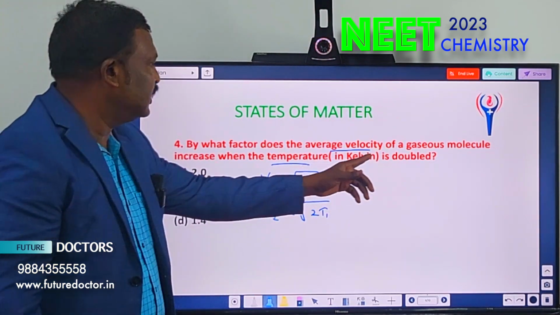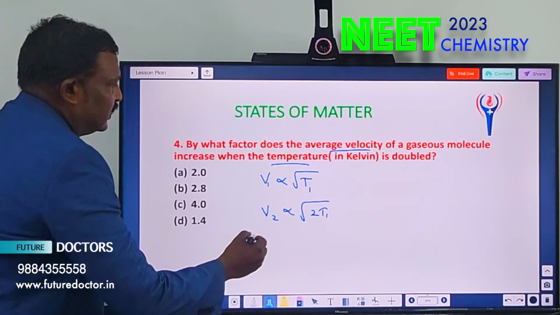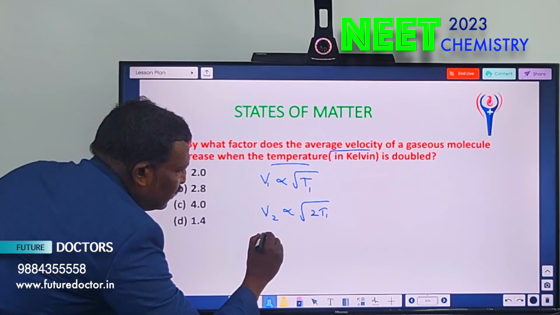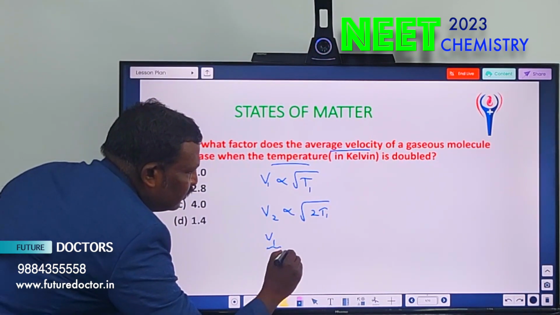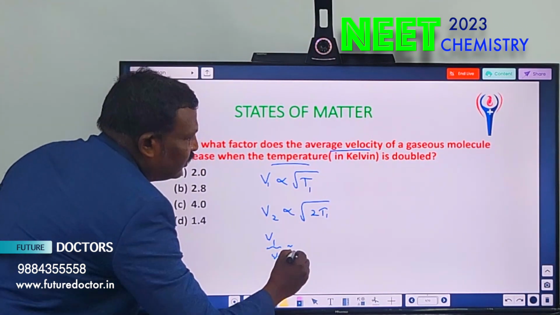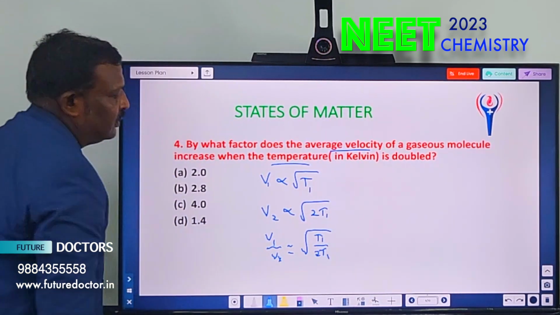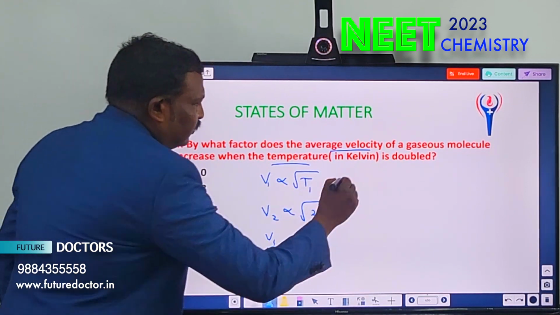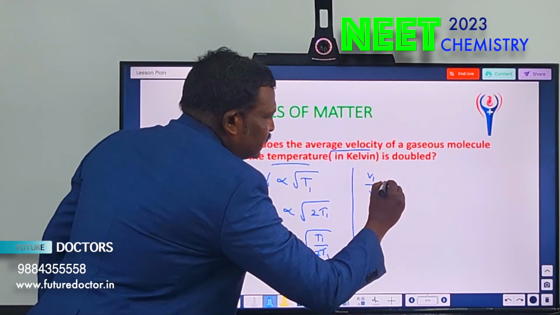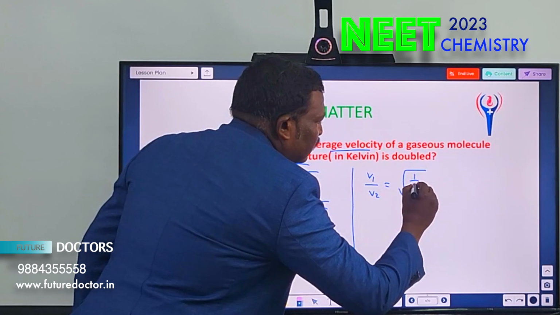Temperature is doubled. So V1 by V2 is equal to root of T1 by 2 T1. Now T1 will get cancelled. V1 by V2 is equal to root of 1 by 2.